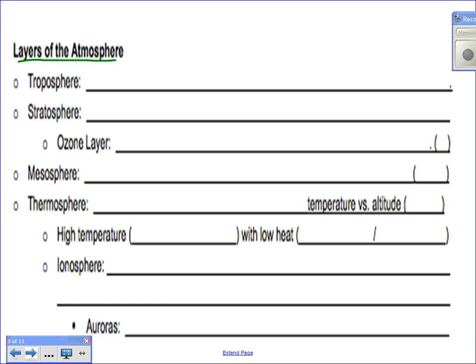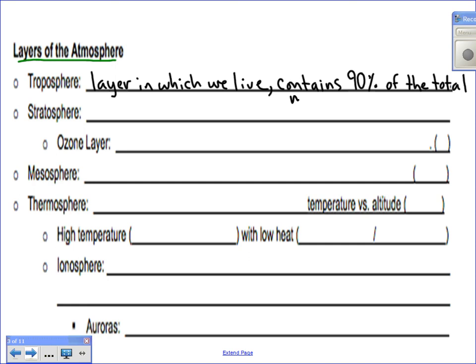So we will write: layer in which we live, and contains 90% of the total mass of the atmosphere.